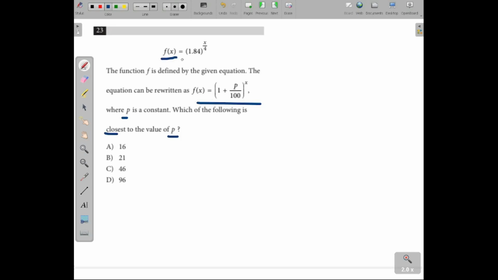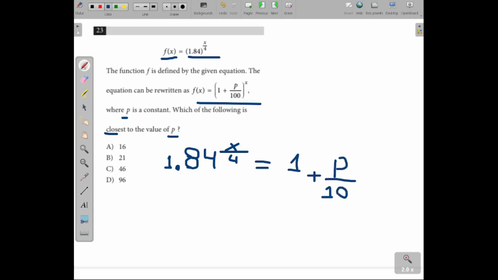We have two functions, and we know that this value is equal to this value. That means that 1.84 to the power of x divided by 4 is equal to 1 plus p divided by 100, to the power of x.